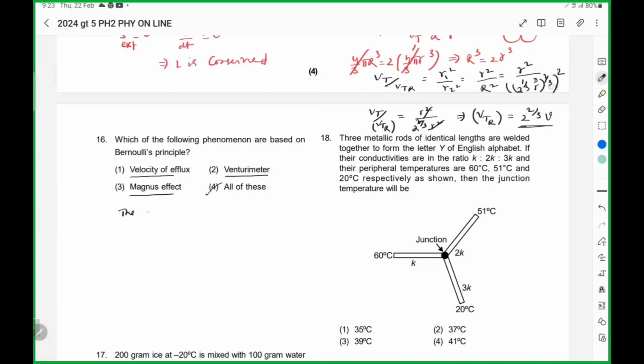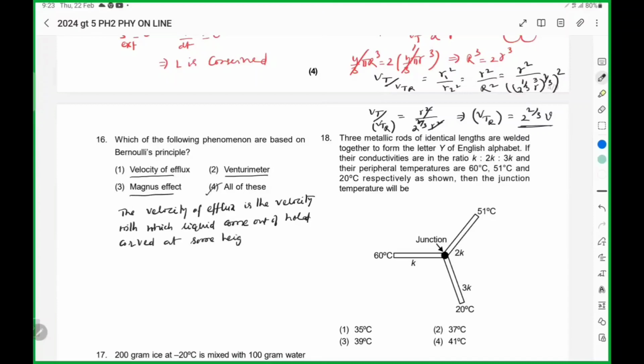So here, the velocity of efflux is the velocity with which liquid comes out of a hole carved some height from the bottom.